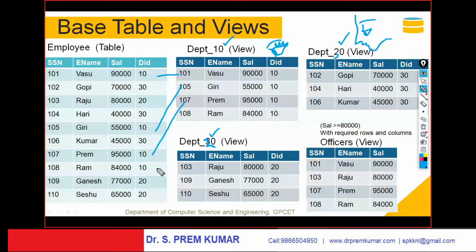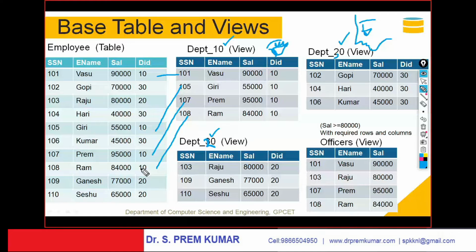So this is a view which is framed from the base table. He is getting the data from the base table into the view. From the base table, which is the original table, he will get the required data into the view and he will be watching the view.